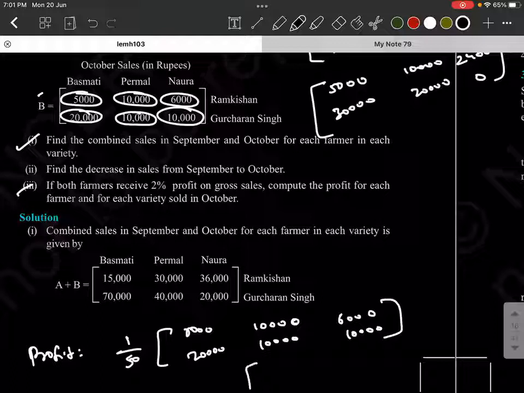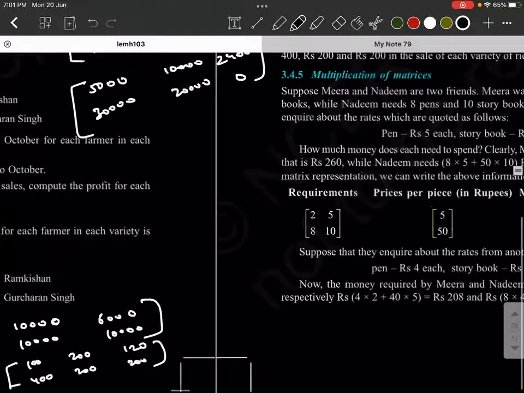So how much will it be? 100, 200, 120, and so on. So this is the amount he has got. Correct?